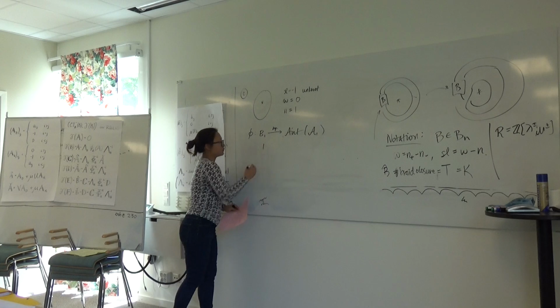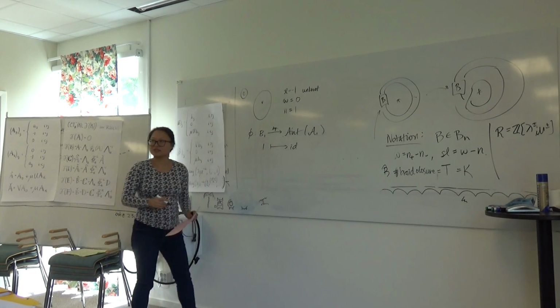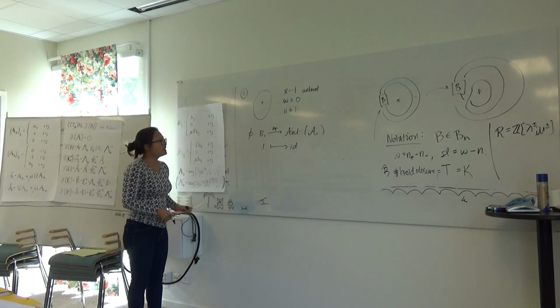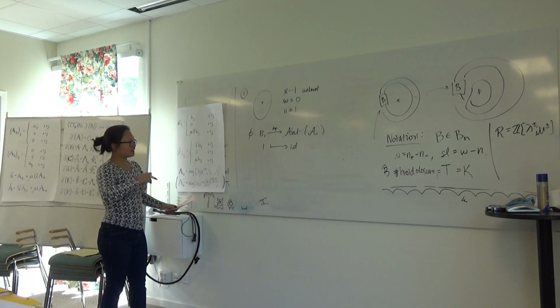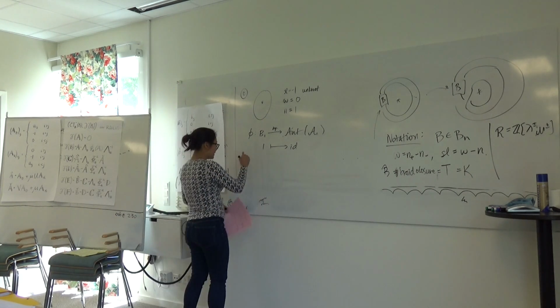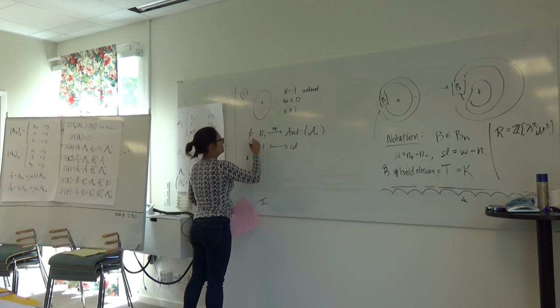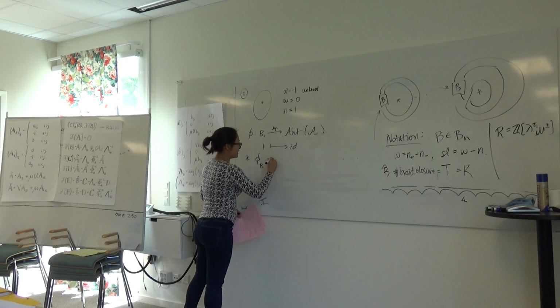In any case, there's only one generator here, so this must map to identity. That means our action is just identity, so phi sub b is equal to identity.